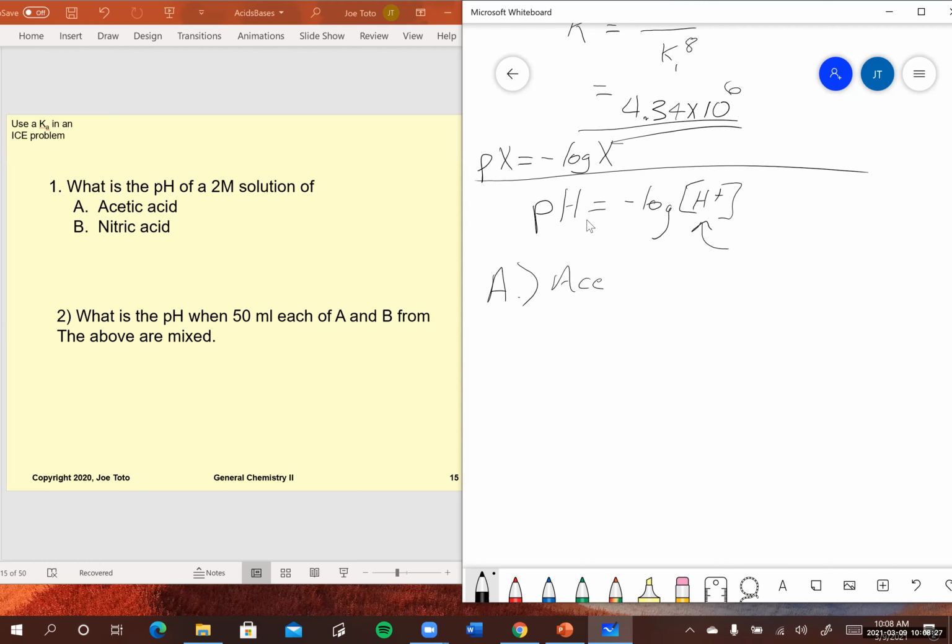No, because it's a weak acid. So it's not 2 molar. What is it? Something less than 2 molar, right?